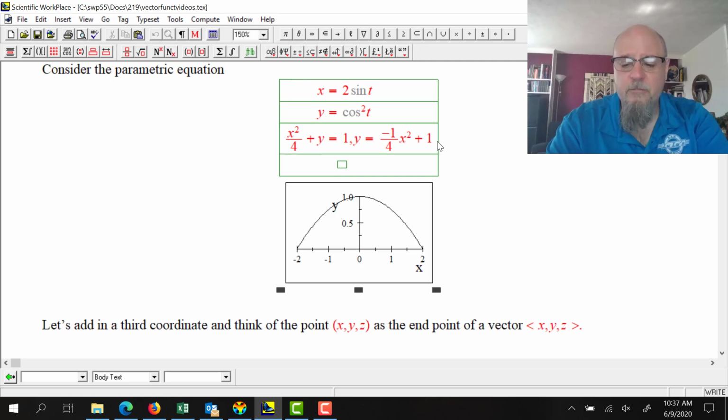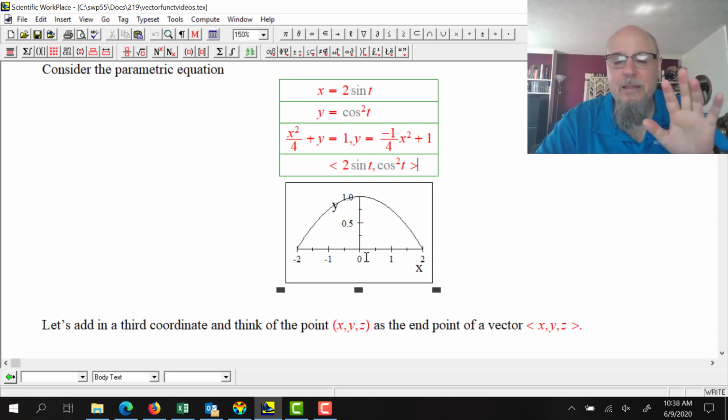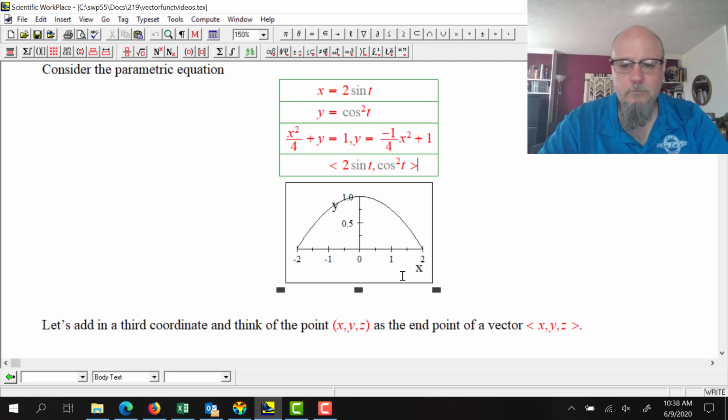I could say that this is a vector, where the first coordinate is given by the formula with t in it, and the y-coordinate is given by the other formula with the parameter in it, and I could just call it a vector. As time goes on, the end of the vector is bouncing back and forth, tracing out this curve. It's not in space, it's in 2D space, flat on the screen, flat on the paper.